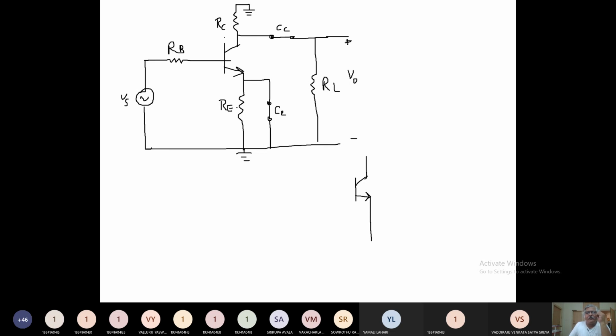Because the short circuit capacitor is there across RE, so we can remove the RE. Now this RB resistor is there, it will remain there, and the AC voltage source is there.